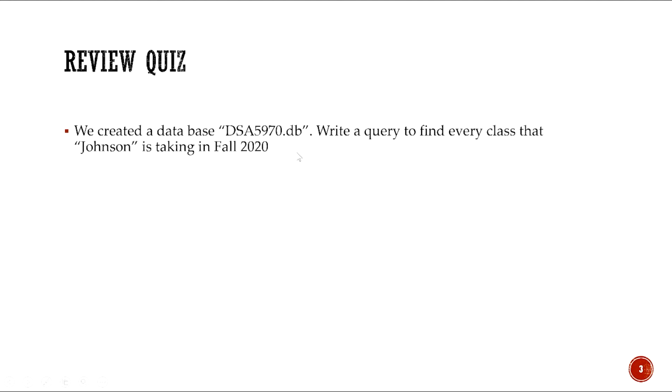Under students, we save students' information, their first name, last name, and their gender, etc. And then under takes, we recorded information related to courses they are taking in each semester, and in this case, in fall 2020. At this point, I encourage you to pause the video and try to write this query and run it in Python, and then compare your code with mine.